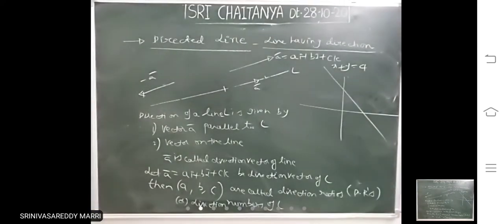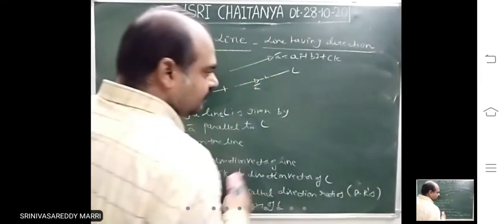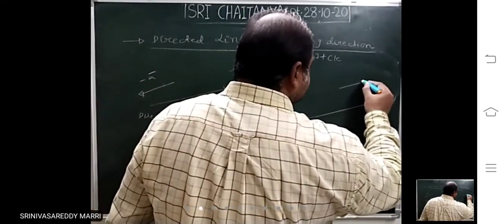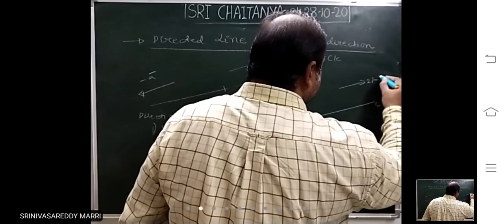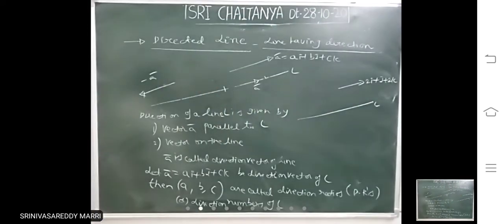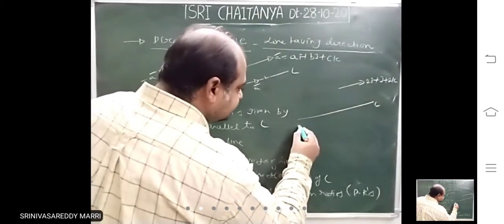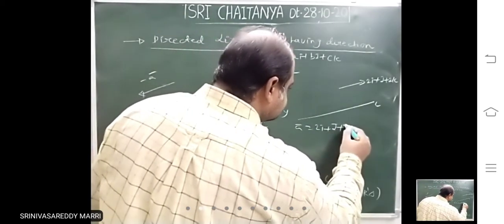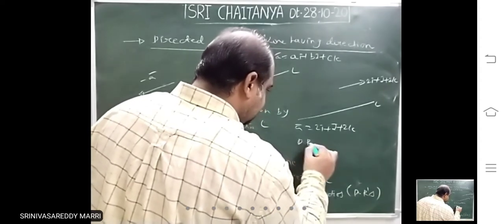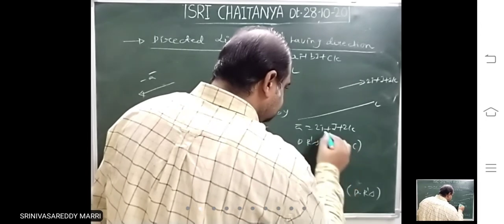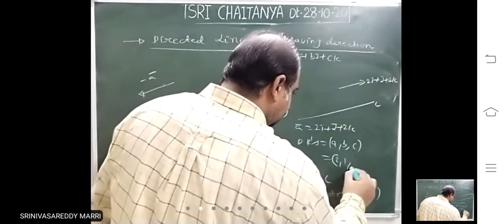Suppose a line L is drawn in the direction of 2i plus j plus 2k. That means the direction vector is this, and DRs are nothing but A, B, C, which are 2, 1, 2.